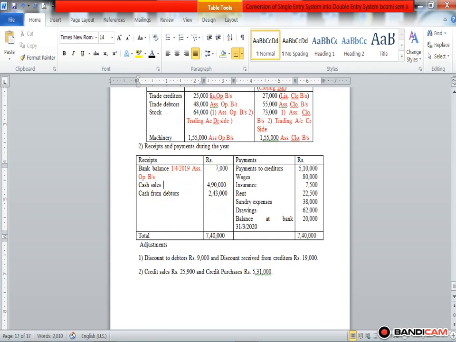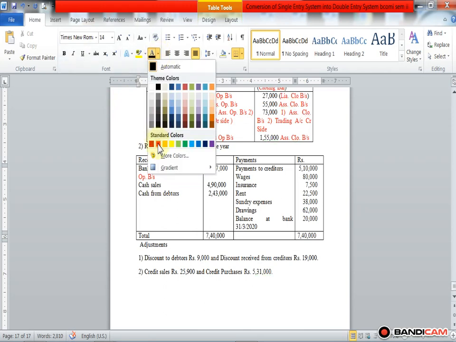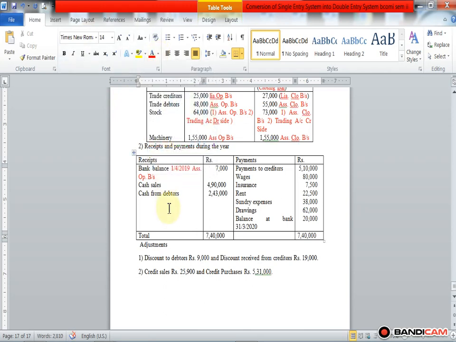Cash sales means sales is posted to the trading account credit side. Got it?